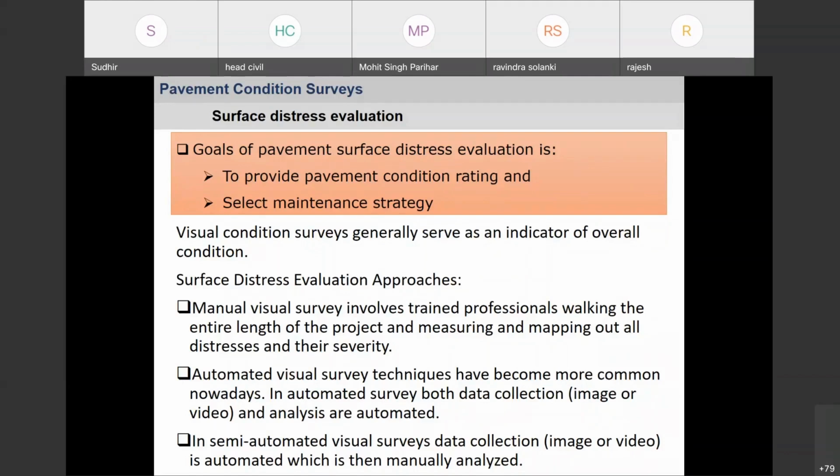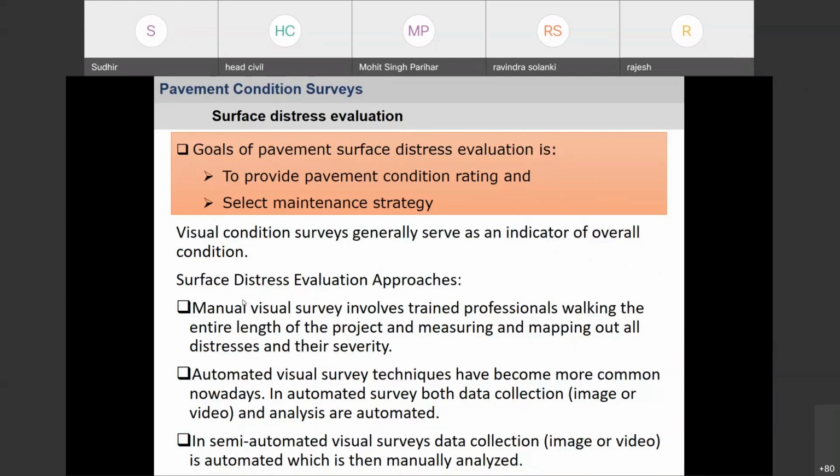How is this happening? Through a visual condition survey, you are looking at the indicators of the overall condition of the pavement. And not just visually, you might also have a quantitative understanding of the condition of the existing pavement. So how will you perform this surface distress evaluation?